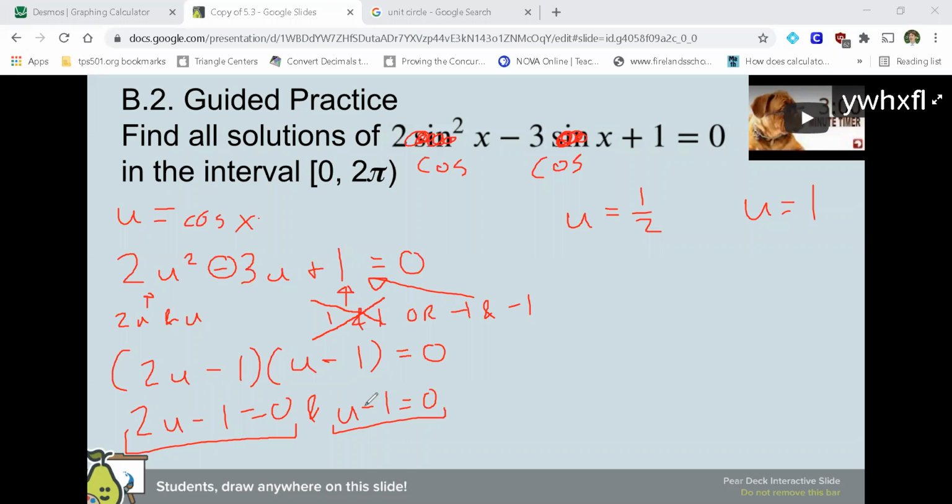And then, okay, so after you now have this solved with all your algebra skills, now we're going to substitute back. That means the cosine of x is a half, and the cosine of x is 1. And then we just do our inverses.